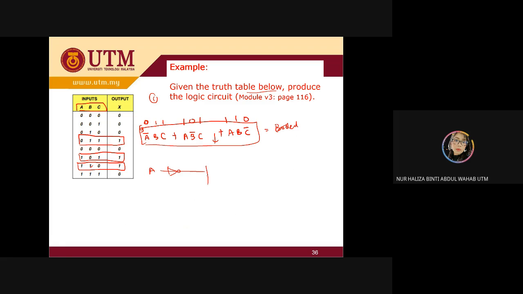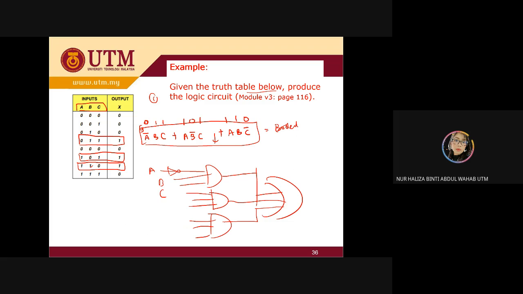A bar multiplied with B and then C. All of the outputs will be ORed, and you have several AND gates here.